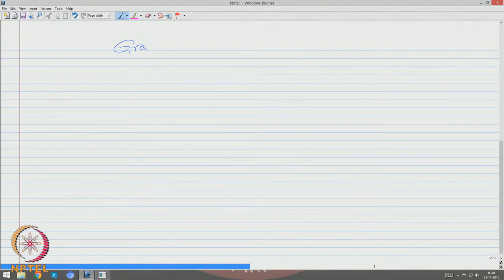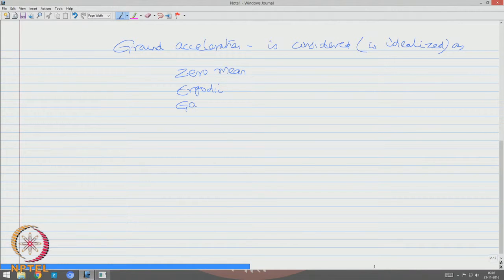The ground acceleration is actually considered, in fact, I should say is idealized as zero mean, ergodic and Gaussian process. That is a basic assumption which we make to model these earthquake forces for dynamic analysis. So, that is the first stage we have.